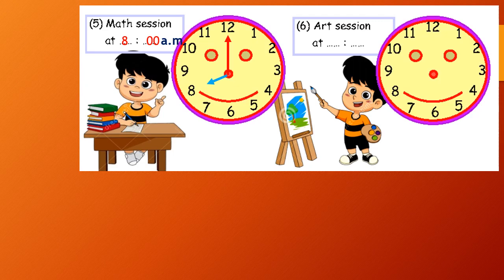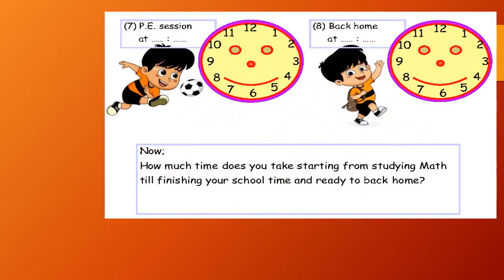After that, art session, it's about 9 o'clock a.m. That means the short hand on 9 and the long hand on 12, minute number 00. The PE session is about 12 o'clock p.m. in the afternoon. That means the short hand at 12 and the long hand on the minute 00.